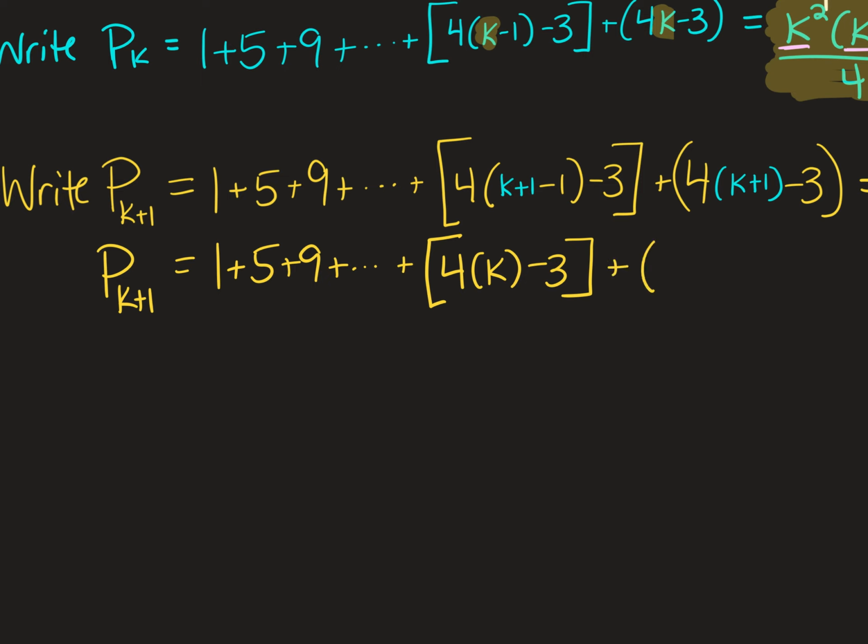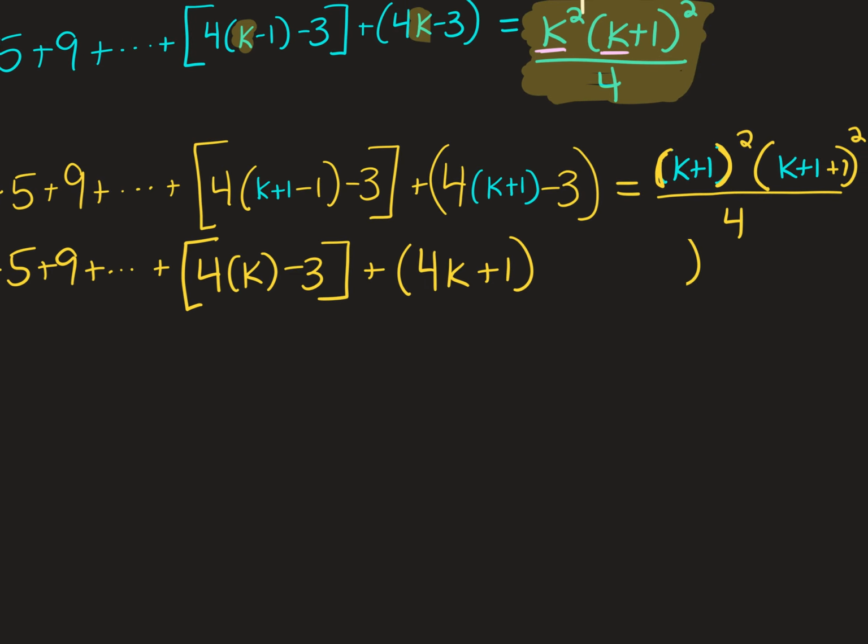Plus, instead of being 4 times k plus 1 minus 3, I don't care if you leave it like that. We're probably at least going to want to distribute and simplify a little bit. So we're going to have 4k, then we'll have 4 minus 3, which is plus 1. If you're not totally following how I simplified that, distribute the 4 and add like terms. That's all we're doing there.